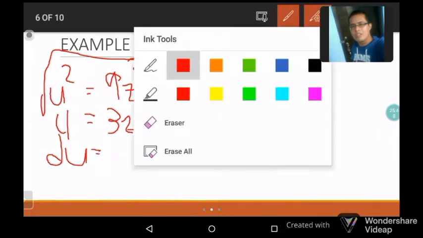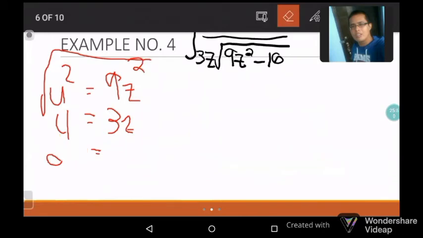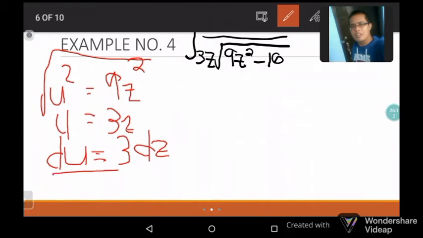Okay. Pero ang problem natin sa numerator ng given, dz siya. Pero dito 3dz. What are you going to do? So divide natin both sides of your equation by 3. So your dz in your numerator will be du over 3. Okay, let's replace everything in the formula.